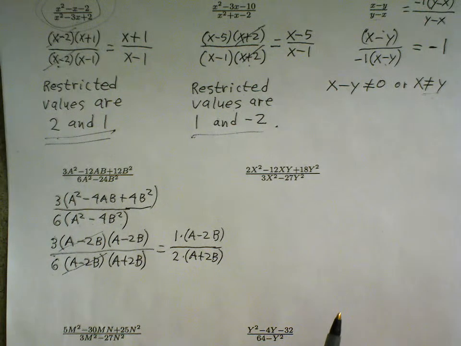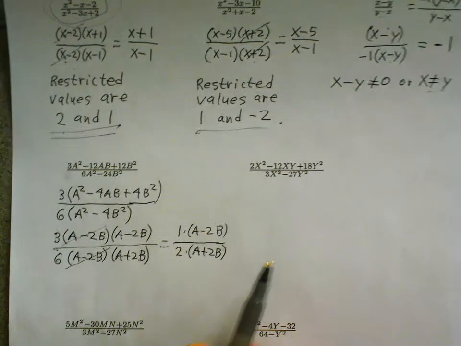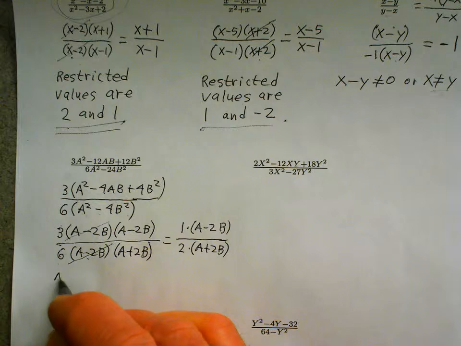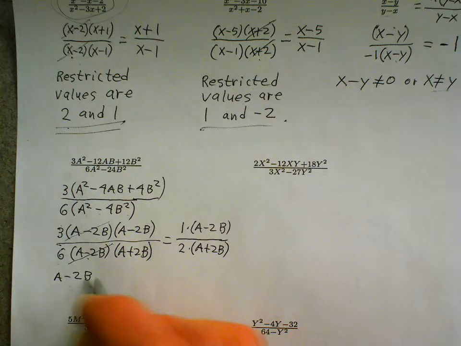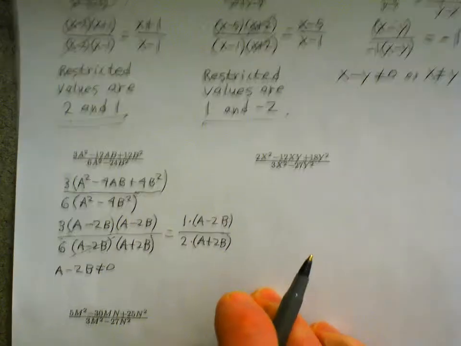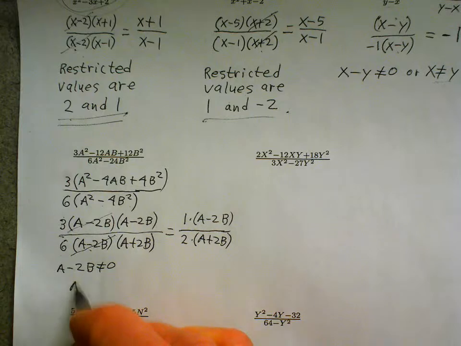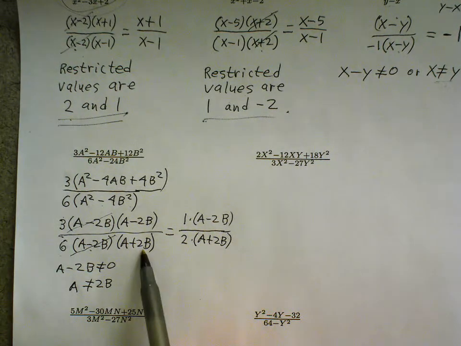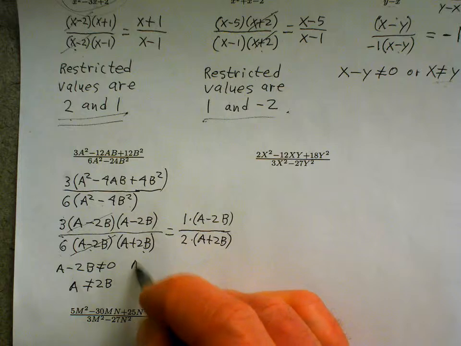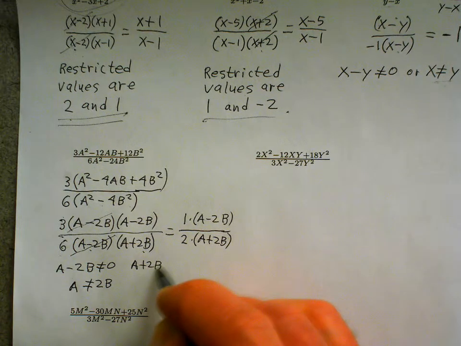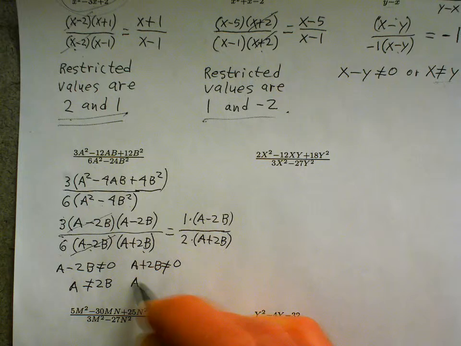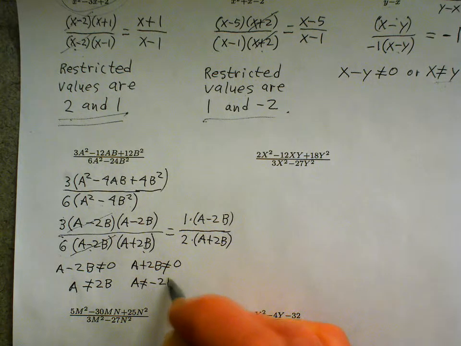Okay, but the restricted values come from the denominator. So if a minus 2b does not equal 0, then we can just say a does not equal 2b. The other factor, a plus 2b, cannot be 0. So we can just say that a does not equal negative 2b.